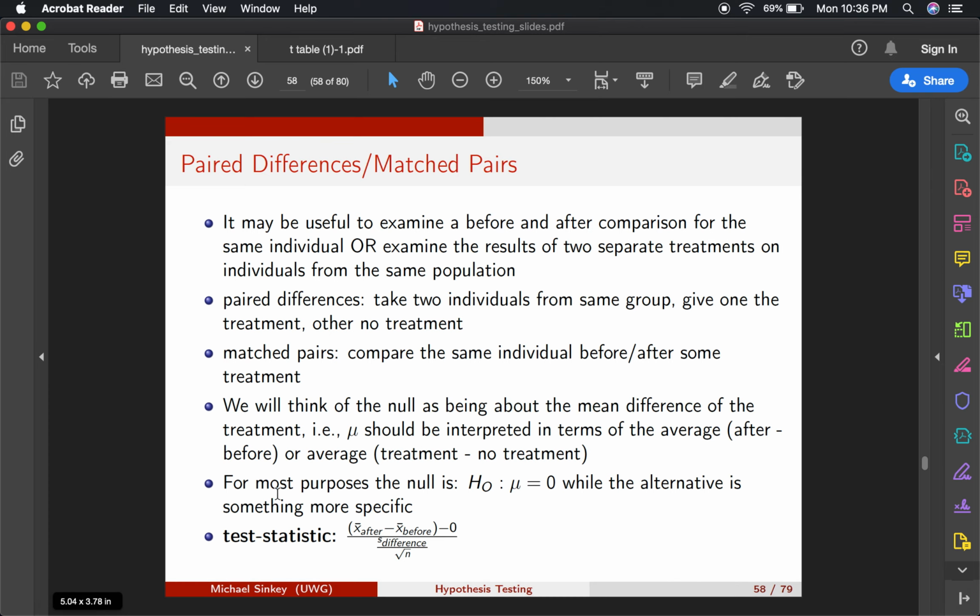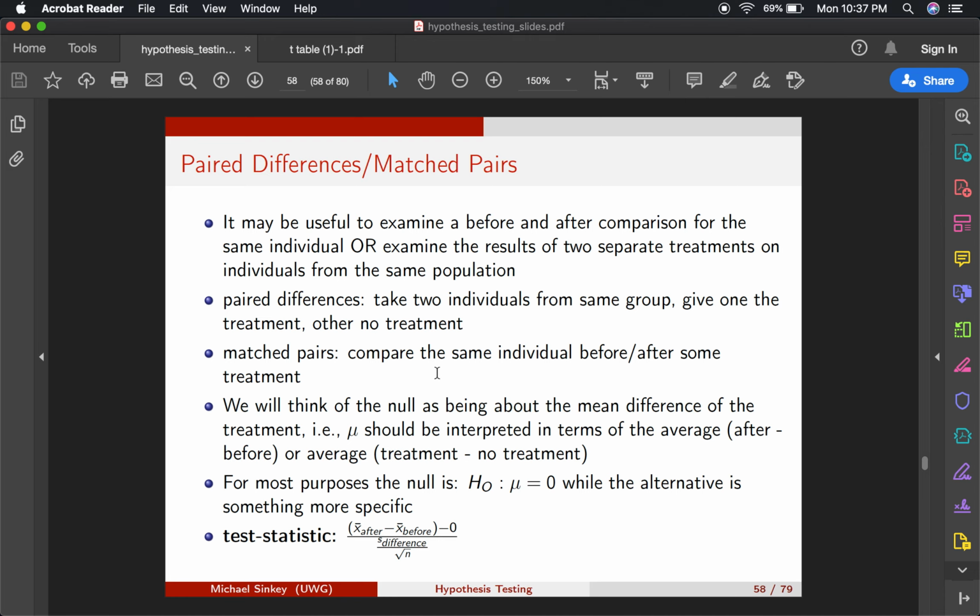And we're going to think of the null as being about the difference between the two individuals, but they're going to be fused together into one observation. So I'll observe person A, I'll observe person B, but the observation will be A minus B. Or I'll observe my behavior before, I'll observe my behavior after, but the observation will be the difference between after and before, or treatment and no treatment.